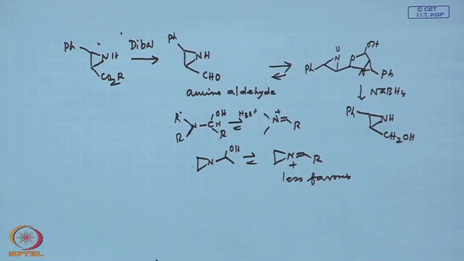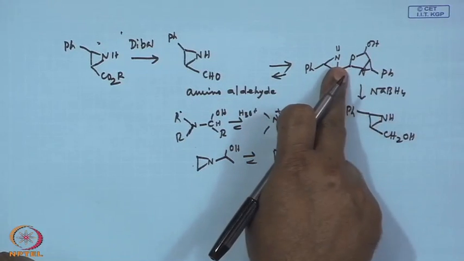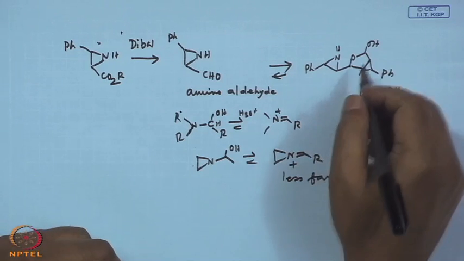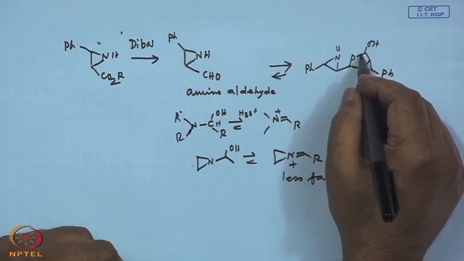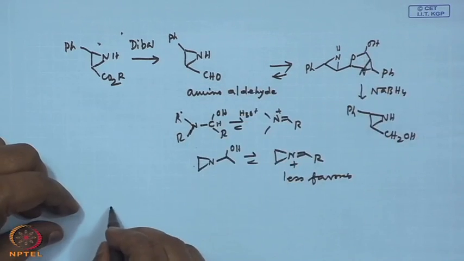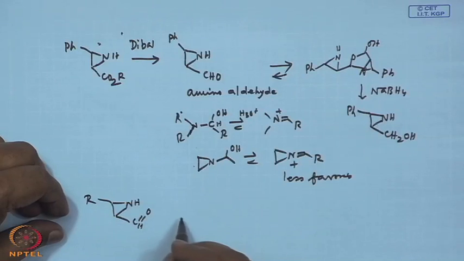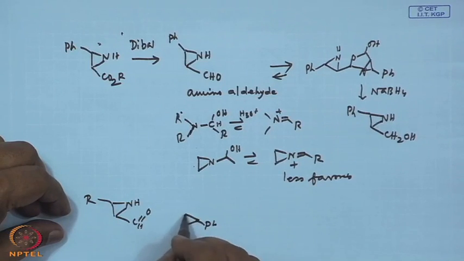So, yes, this one, intermolecular cyclization is there. Is there any possibility of intramolecular? Actually, first is intermolecular, the second is intra. Let us say if you just look at this here, this is aldehyde, right, and this is R, and then you have nitrogen here, and this is CH aldehyde.